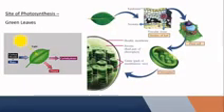Now let us go into detail about the site of photosynthesis. The green leaves are the place where photosynthesis takes place. You would have studied in your lower classes about the structure of a single leaf. When you take a section of a leaf, you see an upper epidermis followed by a layer of cells.